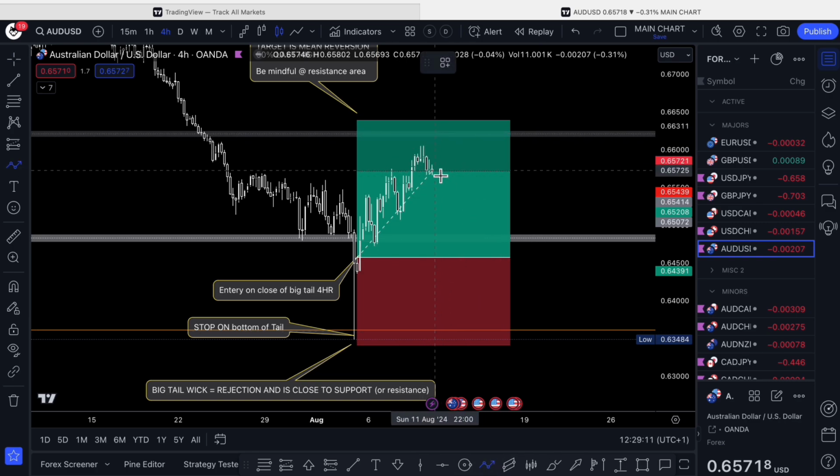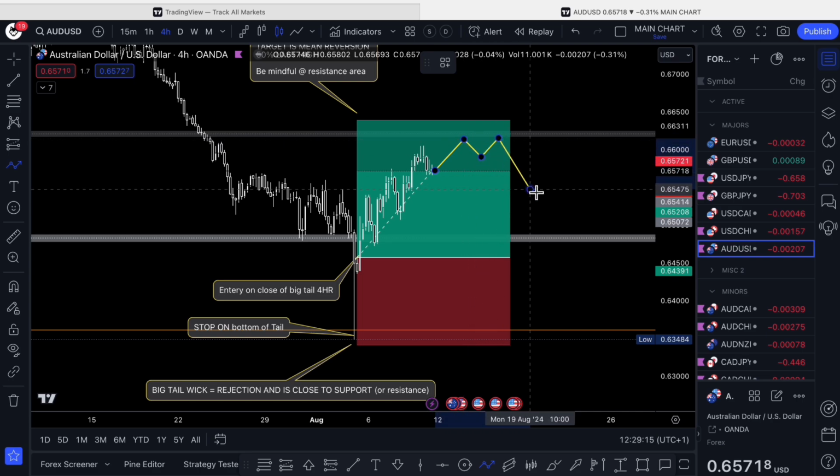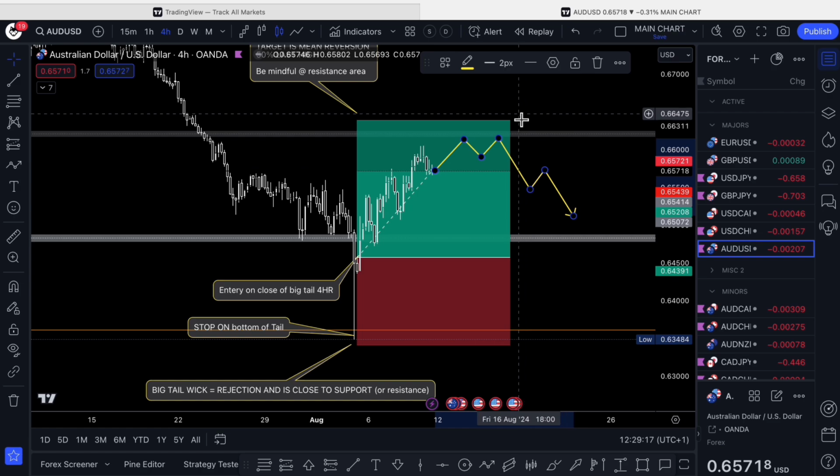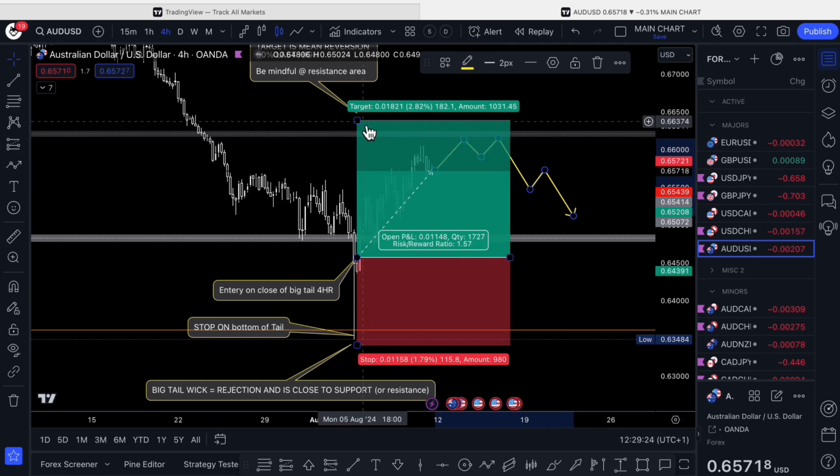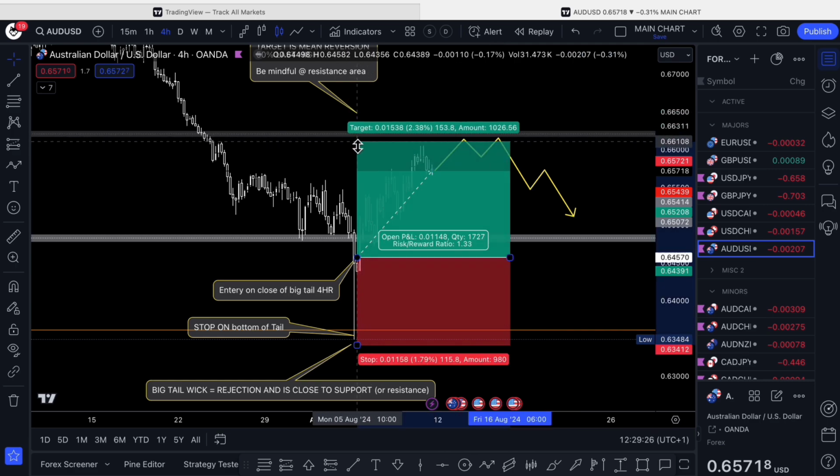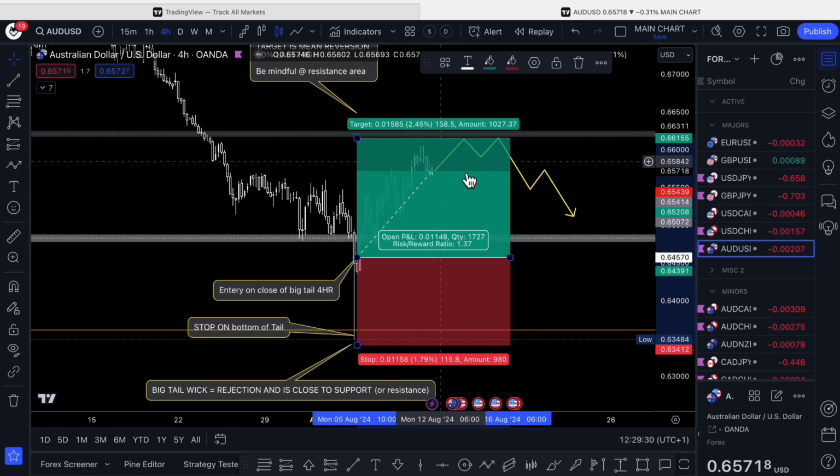So what you'll see all too often is the market will come up, retest this zone, and then drop off. So this area here that was previous support has now become resistance. We see it all too often. So I would pull my take profit down to below. I would actually close this trade out now because I've been so close to it. I would have probably closed it in this area here.